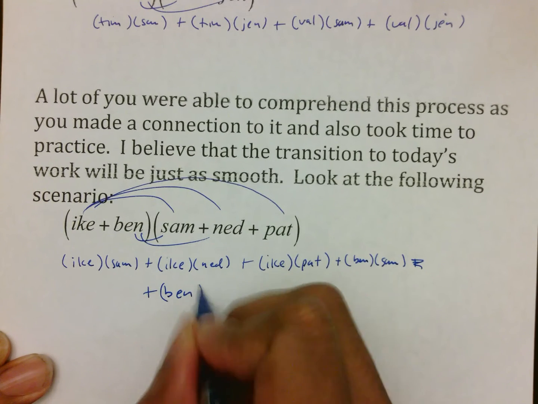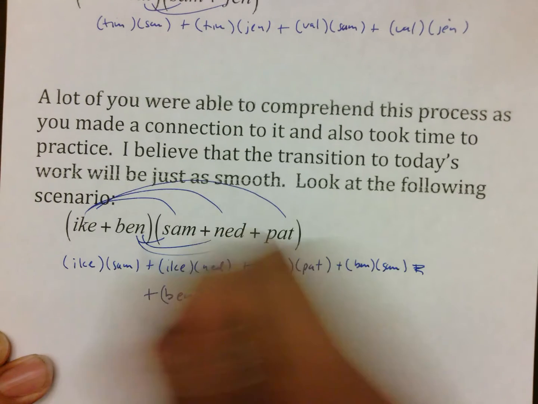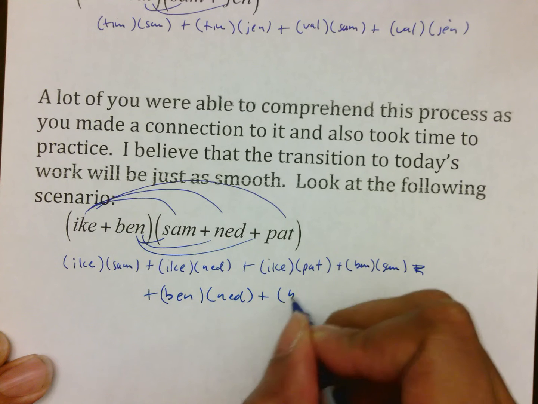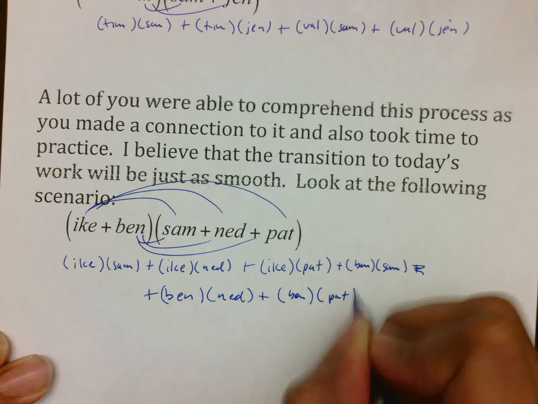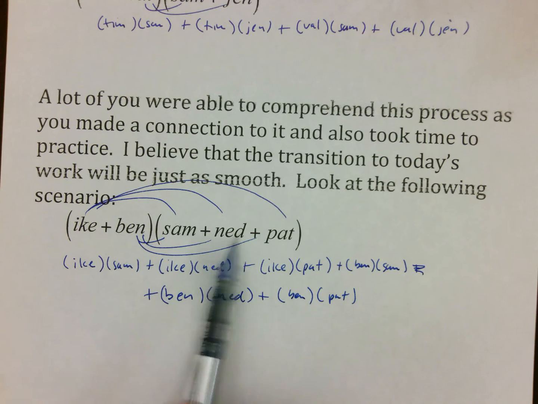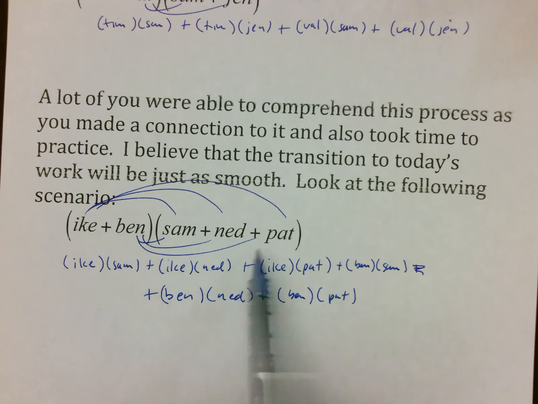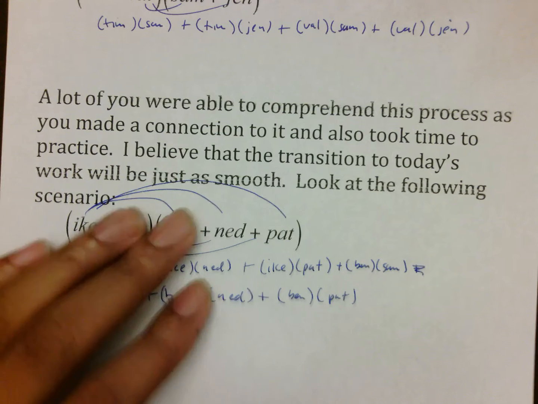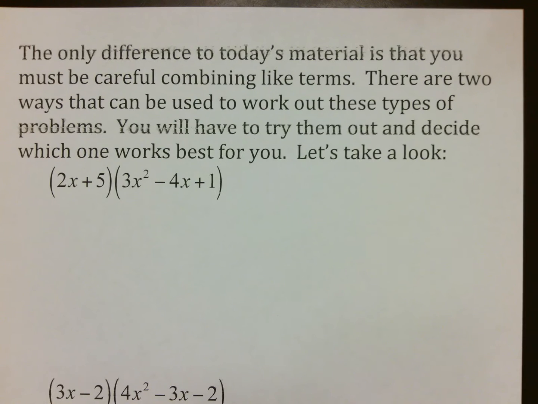Ben meets Ned, and Ben meets Pat. So the general idea here is just making sure you understand that when there are 3 people there, Ike needs to meet all 3, and then Ben needs to meet all 3. Once you get that idea, everything else is really just going to be combining like terms.